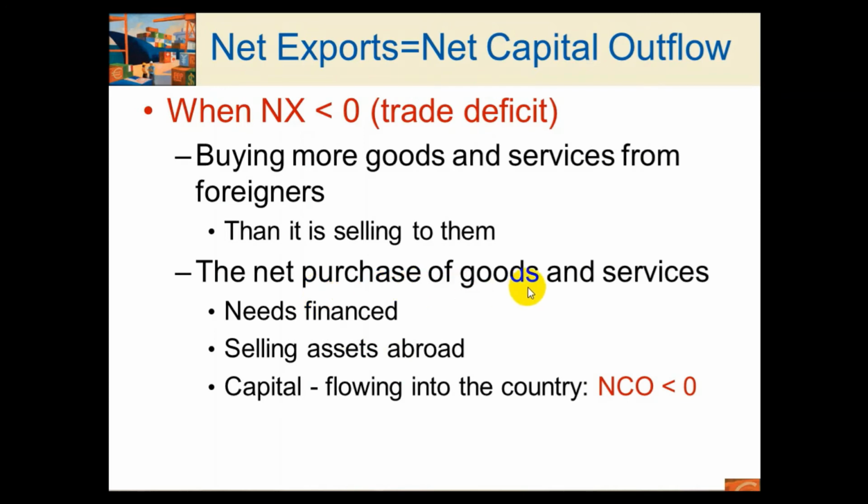So the net purchase of goods and services is financed by selling assets abroad. It means foreigners will buy more domestic assets than domestic residents buy foreign assets. The capital is flowing into the country, and then the country experiences a capital inflow, or net capital outflow is negative.